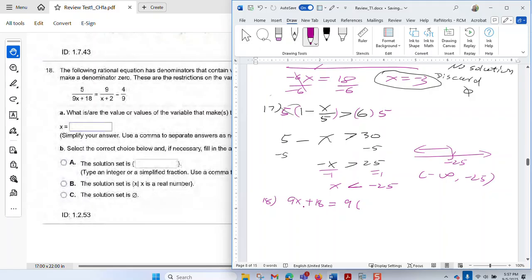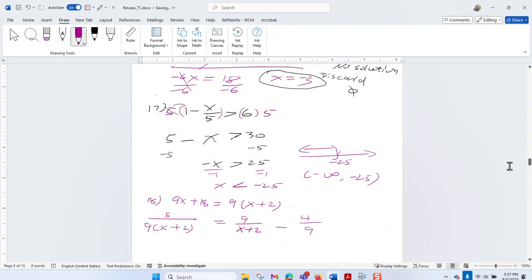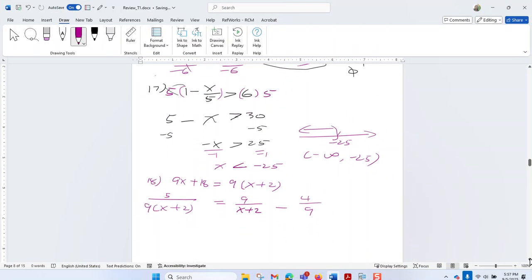So this fraction I can write down as 5 divided by 9 times x plus 2 equal to 9 over x plus 2 minus 4 over 9. We have a denominator x plus 2.